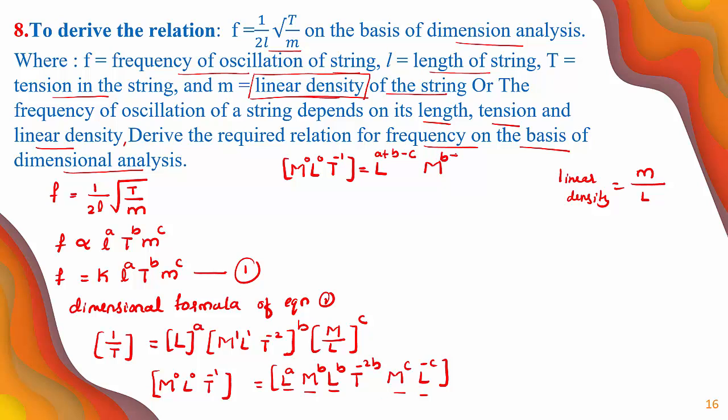Then the last one, T raised to minus 2B. This is the dimensional formula of equation 1.